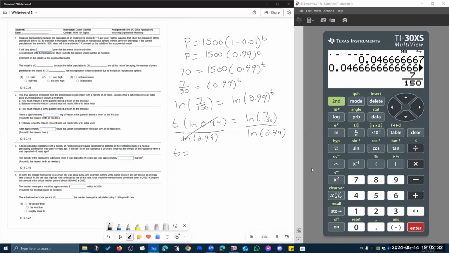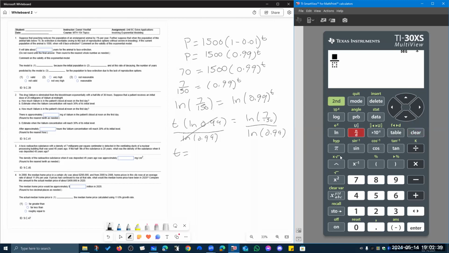t is going to be equal to, I'm going to show you here that this is going to be ln of 7 over 150 in the numerator and ln of 0.99 in the denominator.